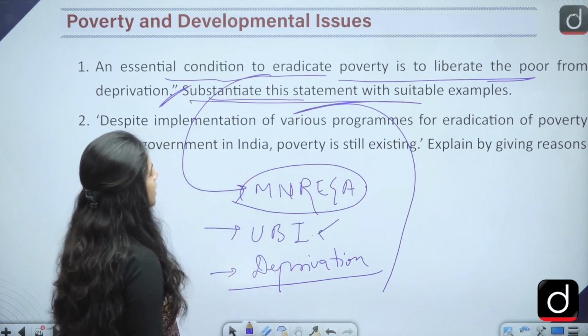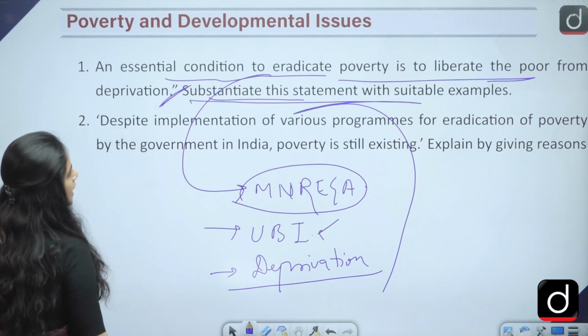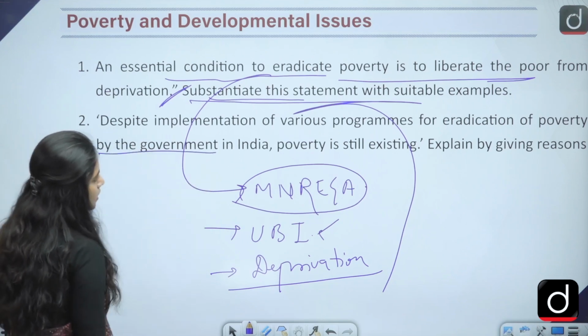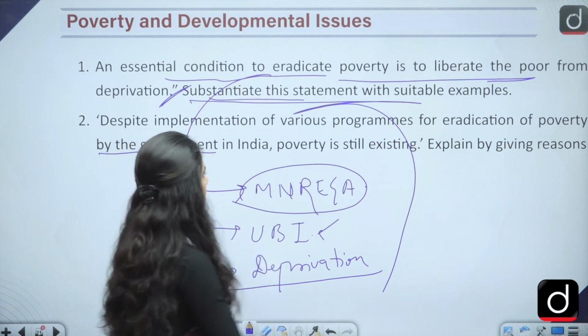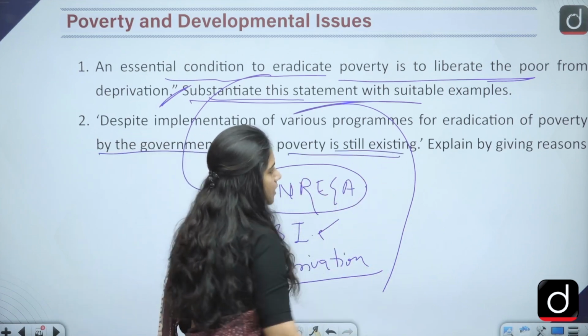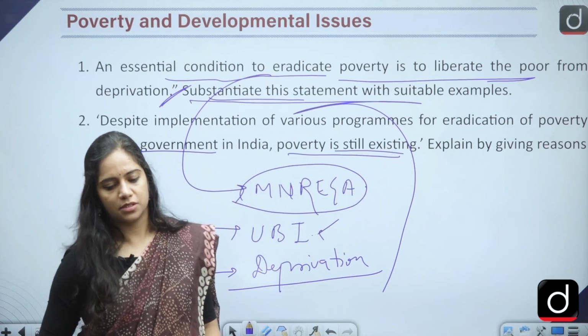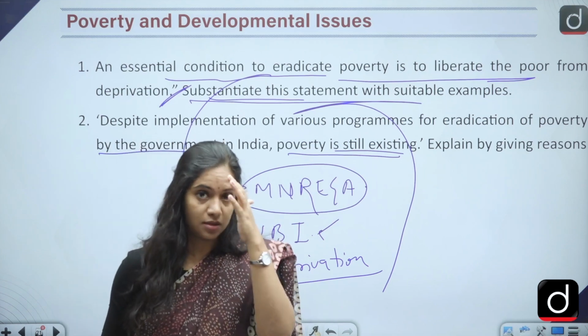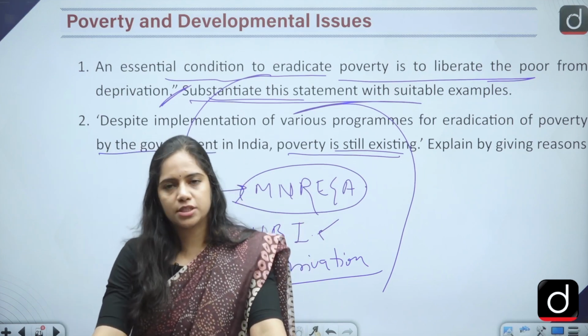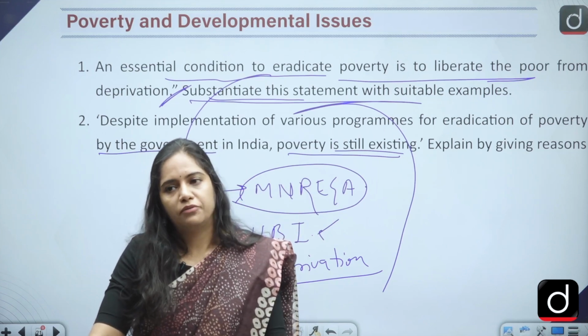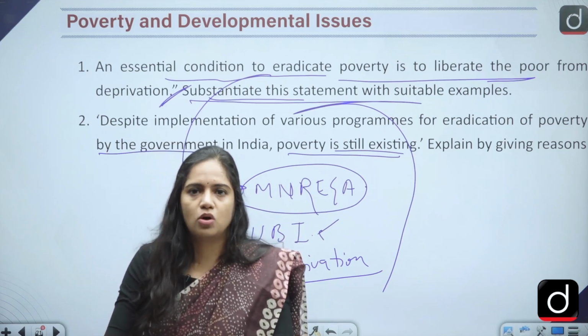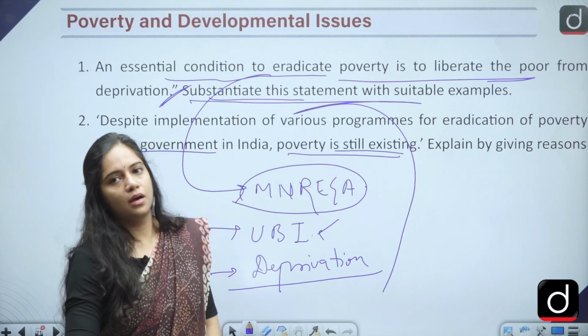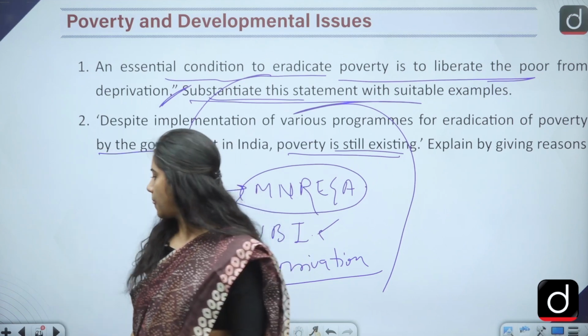Similarly, despite implementation of various programs for eradication of poverty by the government in India, poverty is still existing. Here you have to talk about development, the distribution of wealth, social justice, and the developmental deficits that are there. So all these things would be helpful in answering these questions.